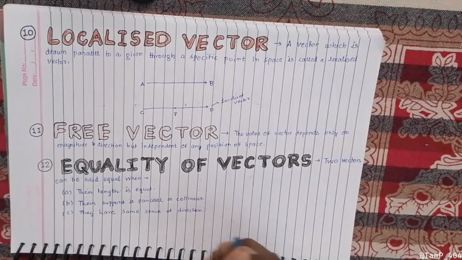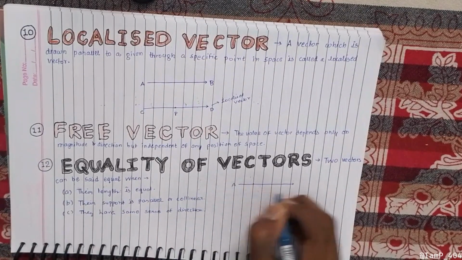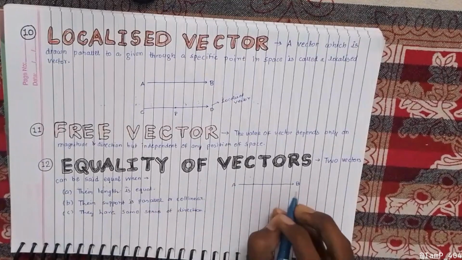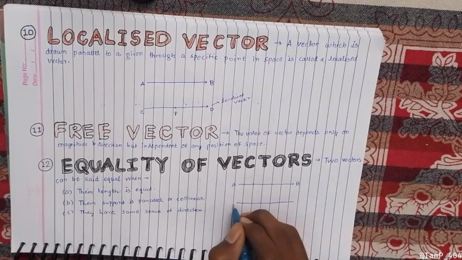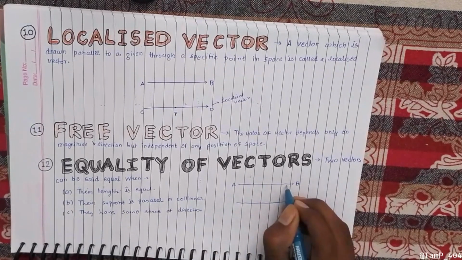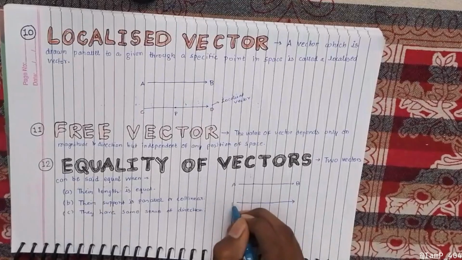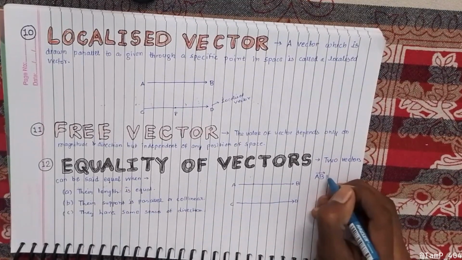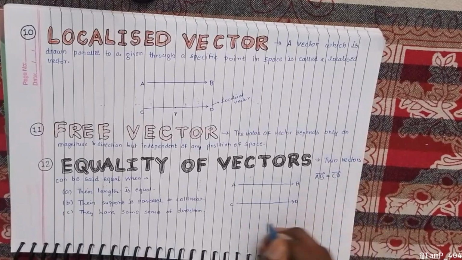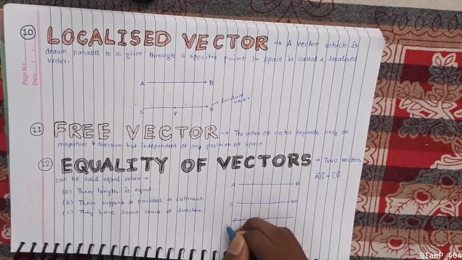What do I mean by this? For example, let's say this is vector AB. Its equal vector must have the same length. Their supports are parallel to each other, and they must have the same direction. Thus, vector AB equals vector CD. But let's say this is MN.